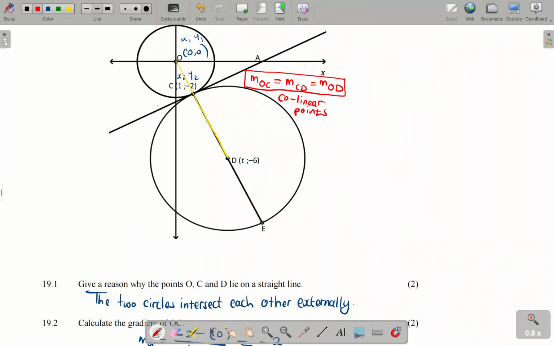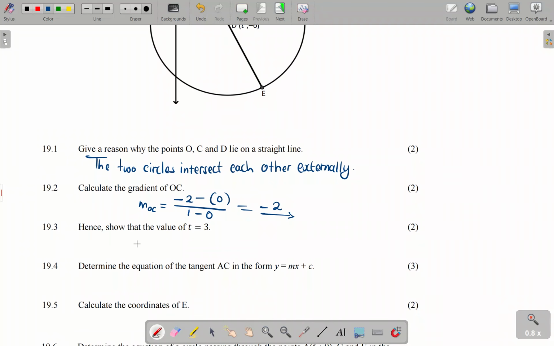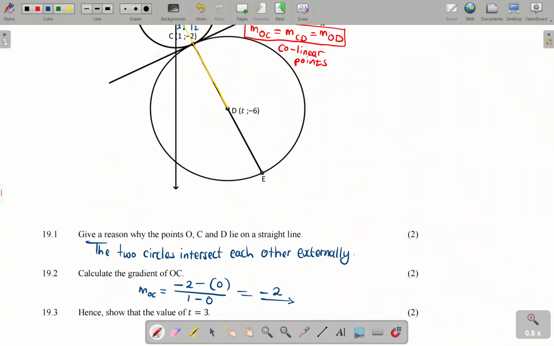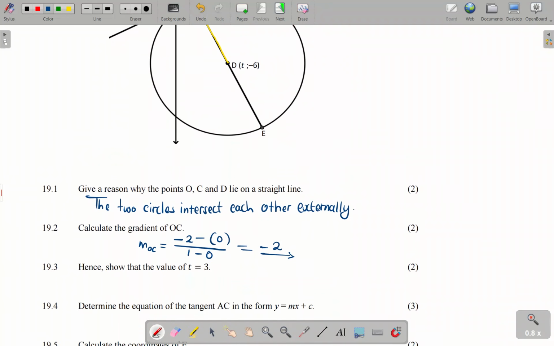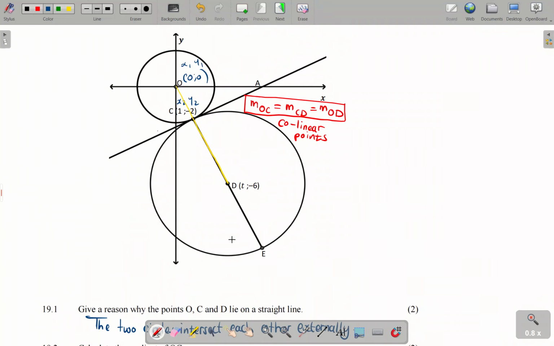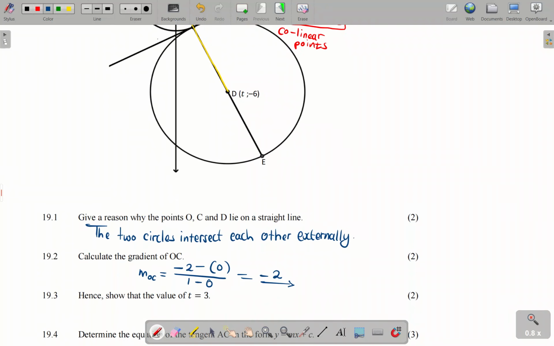So now we're just going to use the gradient formula, guys. Follow my steps. Let's find the gradient of this line CD. Since the gradient of OC is -2, it will be the same as the gradient of CD.